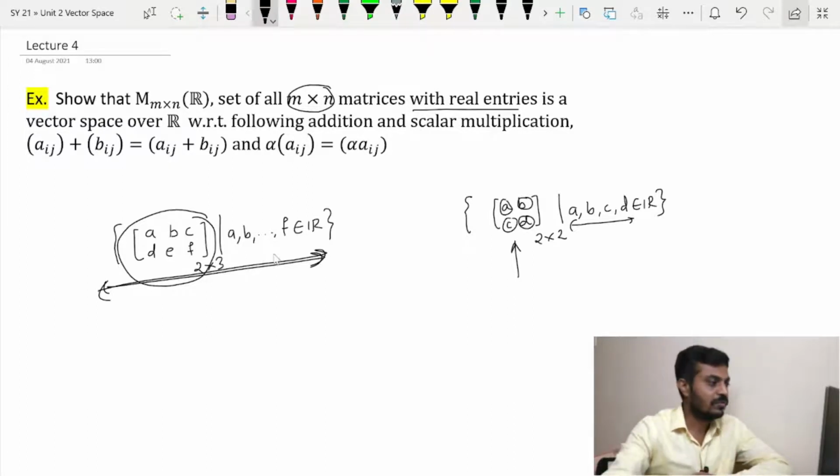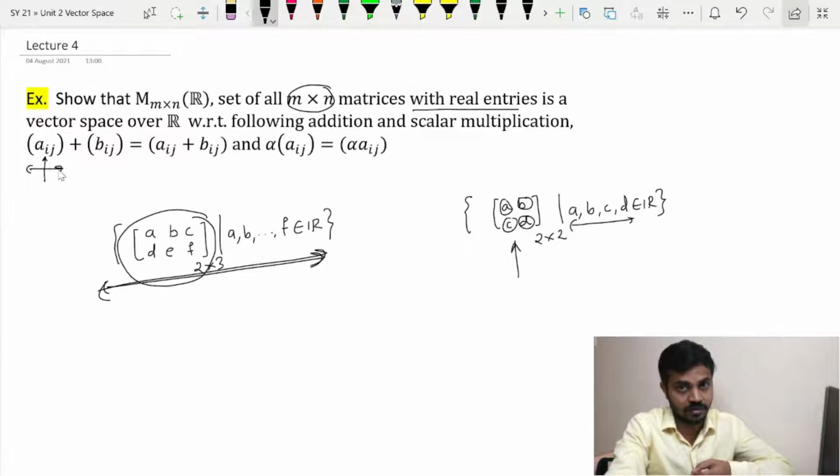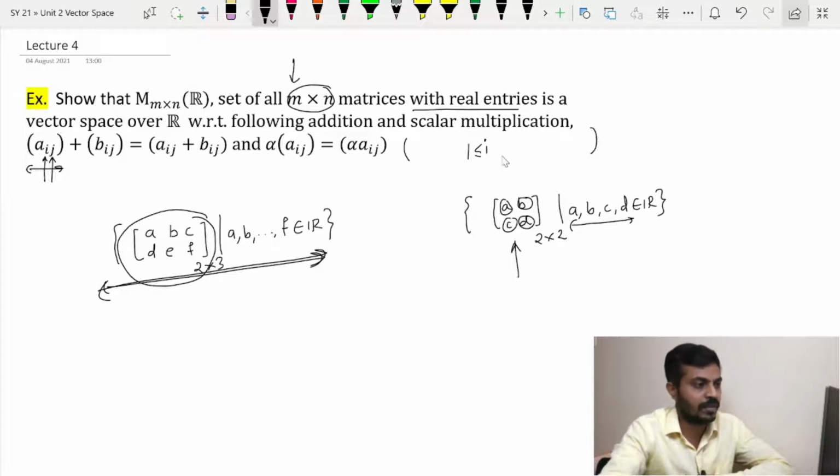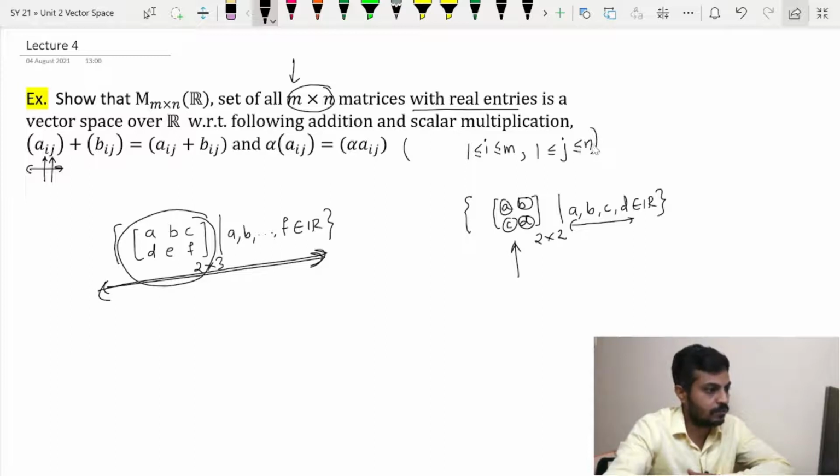So this is a notation used, where i stands for counting rows and j stands for counting columns. So i varies from 1 to m, since it is a collection of m by n matrices, and j varies from 1 to n.